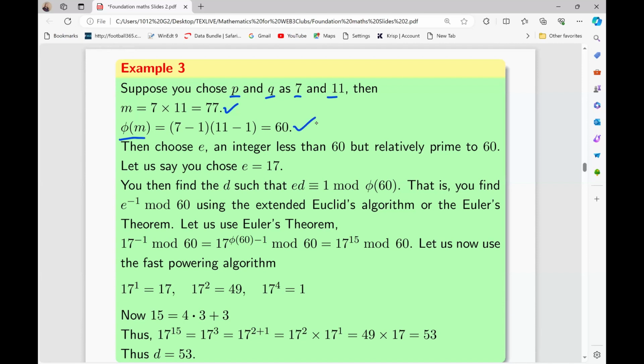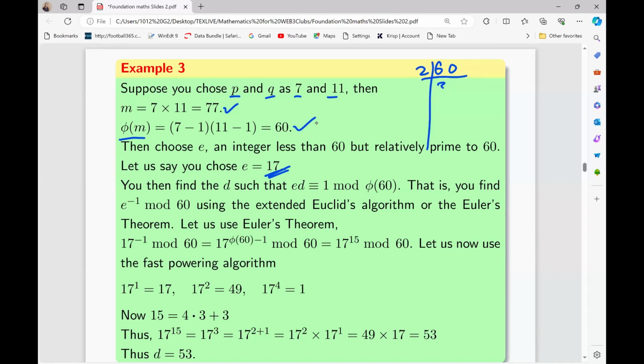Then look for a number which is relatively prime to 60. And that number you've chosen, 17. In fact, the easiest way to get a number which is relatively prime to 60 is this way. Once I have the 60, I try to get its prime factors.